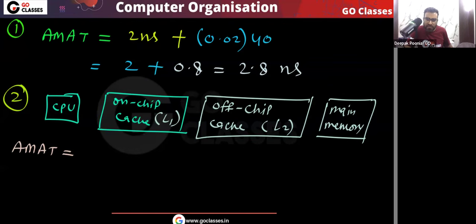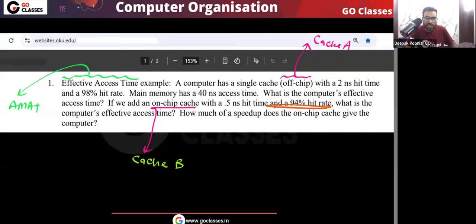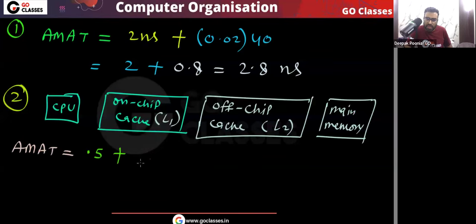The L1 hit time is 0.5 nanosecond. The L1 hit rate is 94%, so the L1 miss rate will be 6%, that is 0.06. This is the L1 miss rate into L1 miss penalty.